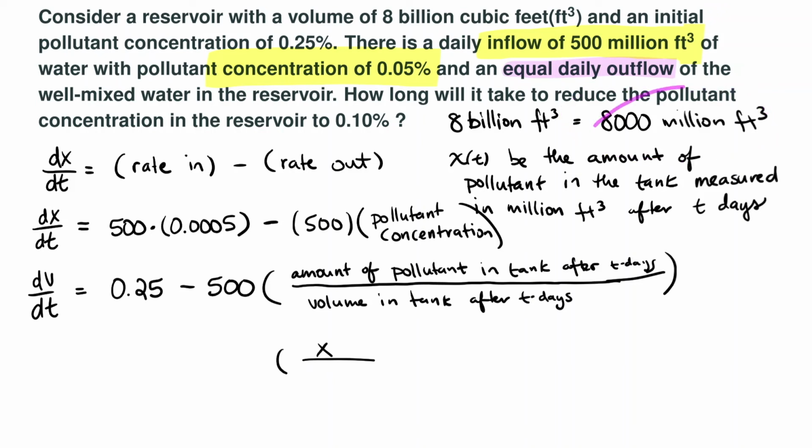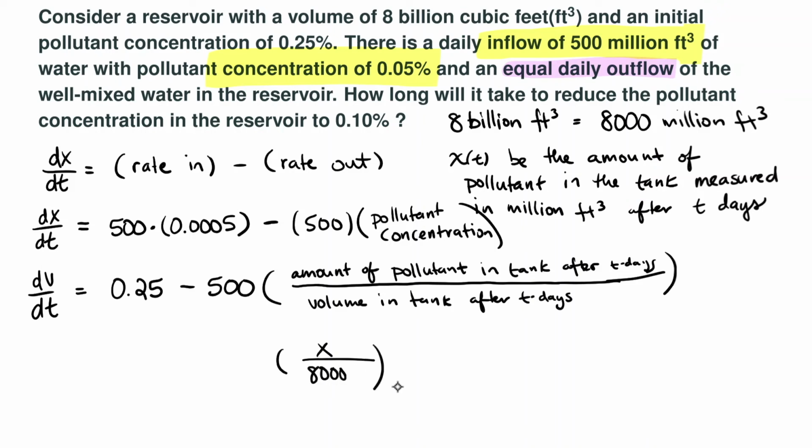And each day that passes, we have 500 million cubic feet going in and the same amount going out. So since we have the exact same amount going in and going out, the total volume stays stable no matter how many days pass. We still have 8,000 million cubic feet each day. So in this problem, our volume is stable at 8,000.